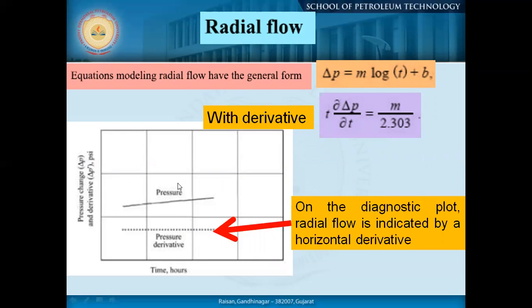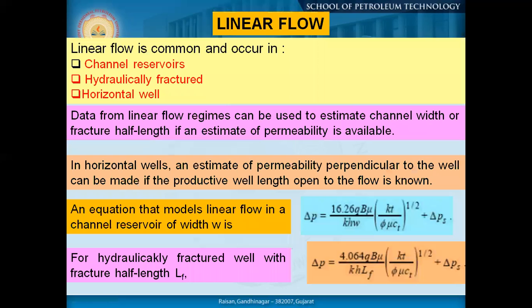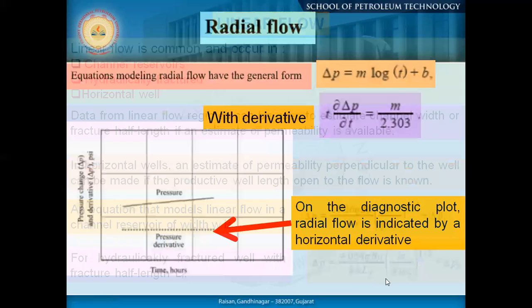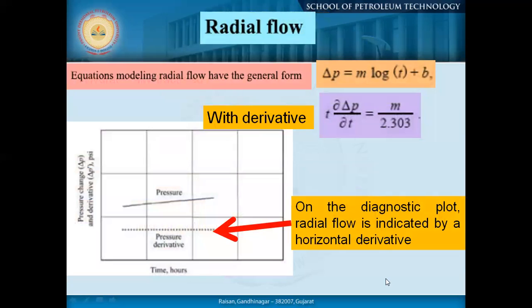Whenever we get a horizontal derivative, that is considered radial flow. We will discuss that the flow is sometimes following 0, sometimes 0.5, sometimes 1, in a subsequent section. So this is radial flow. Then we come to linear flow. I thought I'll stop here, and we may stop our recording and we'll discuss our things.